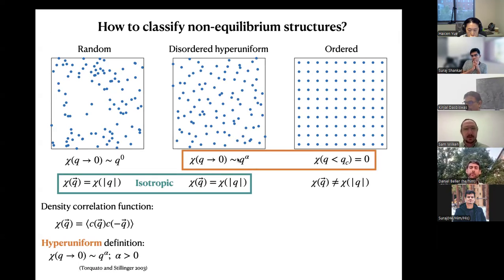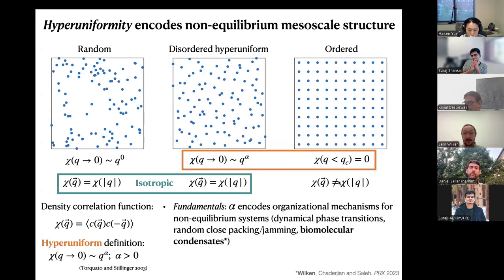This power law of the decay of the density fluctuations has fundamental importance because this alpha encodes the organizational mechanisms of the system, particularly in non-equilibrium systems, for example dynamical phase transitions and random close packing. But the one I want to focus on today, of course, is biomolecular condensates.